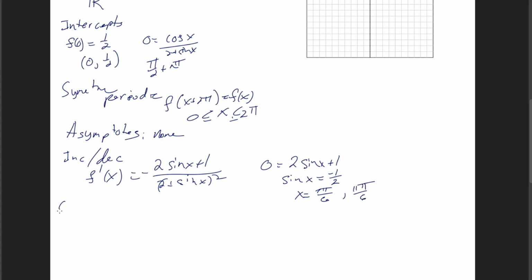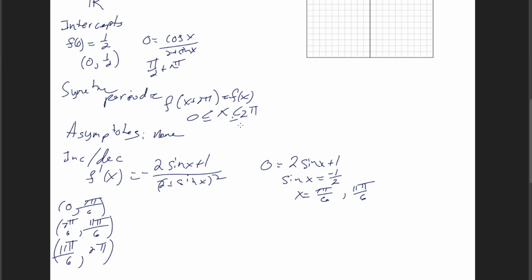And so we're just going to go from 0 to 7 pi over 6, and then from 7 pi over 6 to 11 pi over 6, and then from 11 pi over 6 to 2 pi.